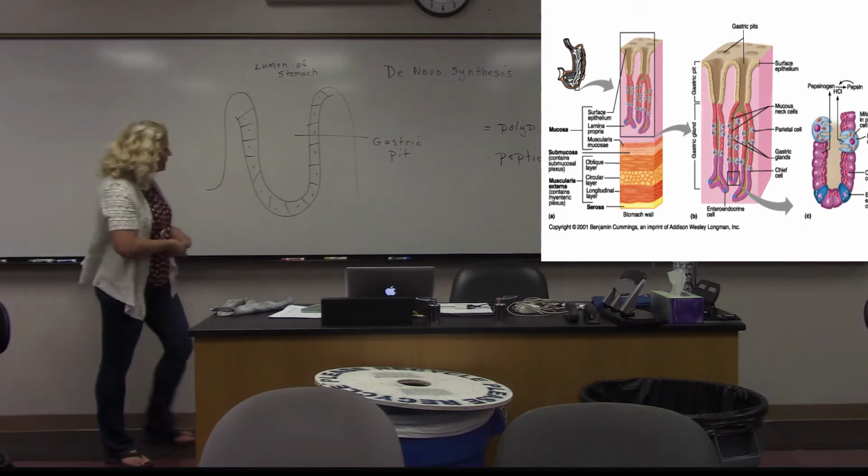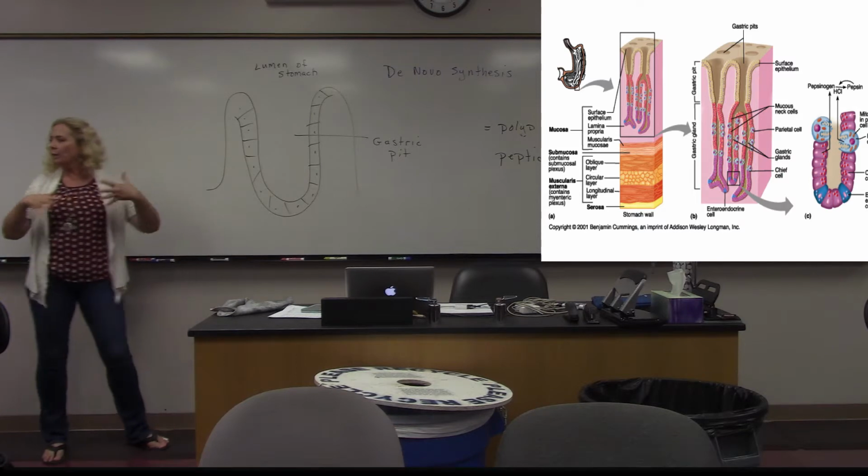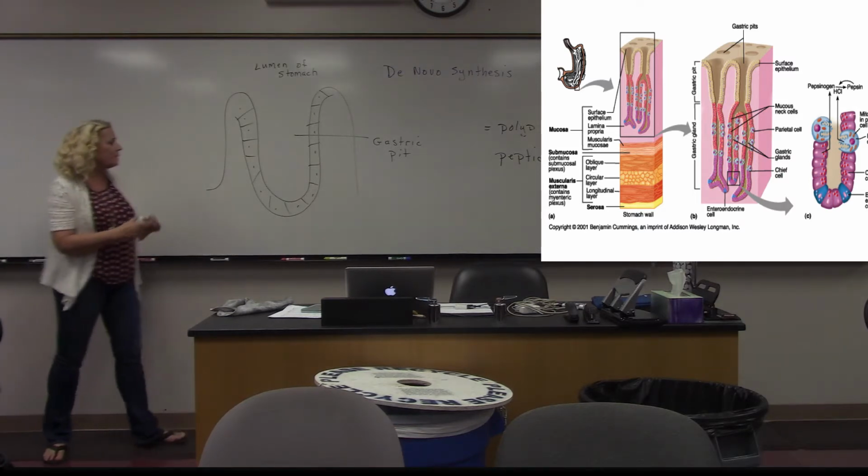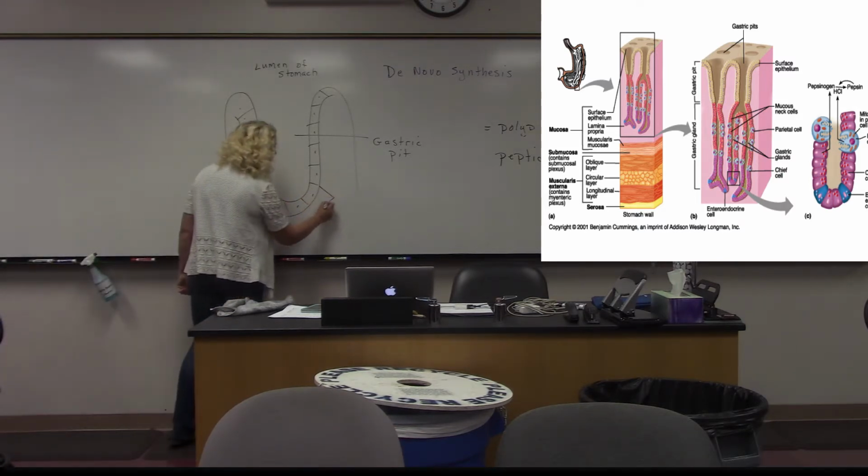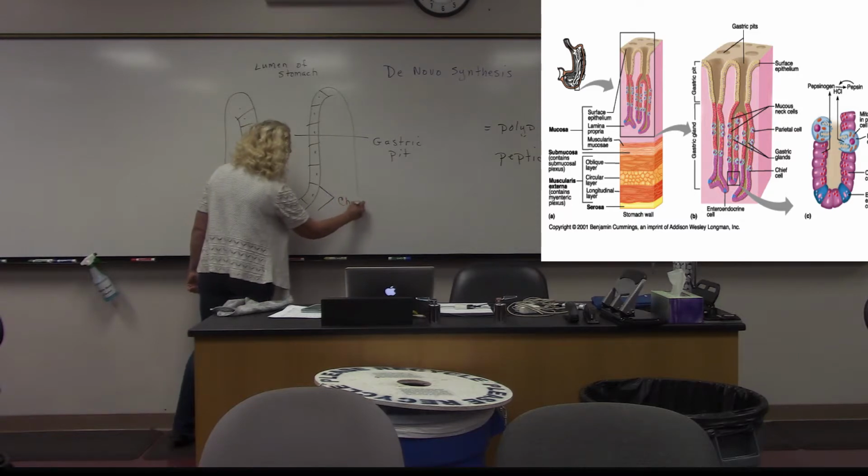And each of the different types of cells are at their own level, and they're always at the same level. So the guys down here are typically called chief cells.